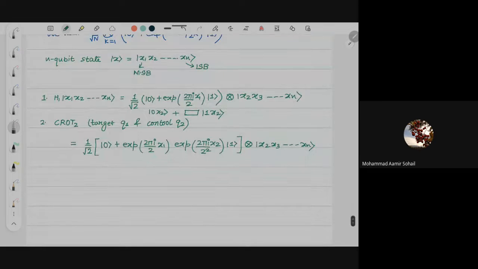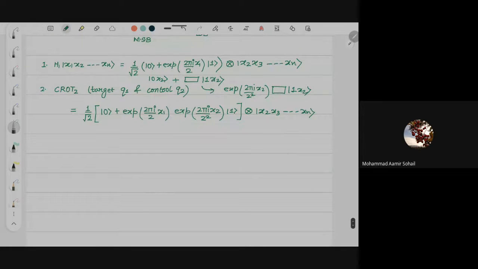Here we applied control rotation 2, so we have 2 square in the denominator, so it goes with exponential 2 pi I x2 by 2 square, along with the earlier exponential terms, times 1. The 0 just remains as it is. And we take out x2 from both parts of the summation because it is common. This is how we got this expression.